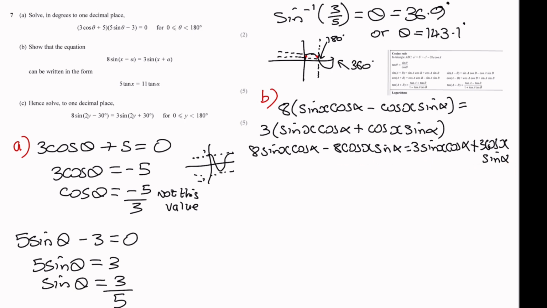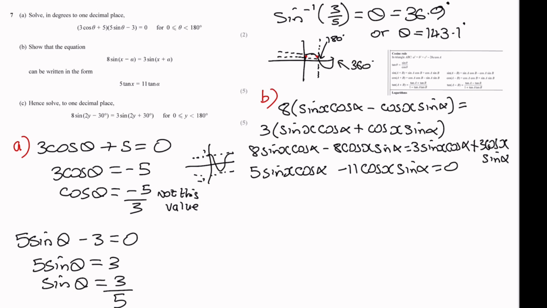So if I bring it all onto the left hand side, I've got 8 sine x cos alpha minus 3 sine x cos alpha, so that's 5 sine x cos alpha. And then I've got minus 8 cos x sine alpha minus 3 cos x sine alpha, so it's minus 11 cos x sine alpha equal to 0.